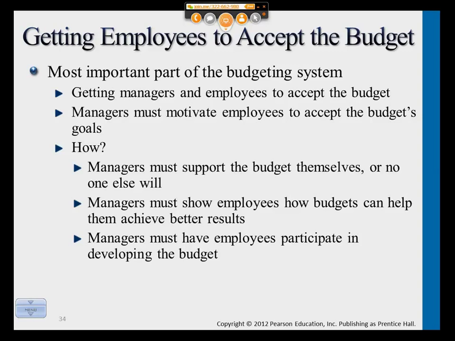So if we were talking about Greg's Tunes, what Greg is going to do, he's going to try to understand what is the most important part of that budget for Greg, for that budgeting system as a whole, right? So despite all of those numbers, that's what I was trying to tell you.